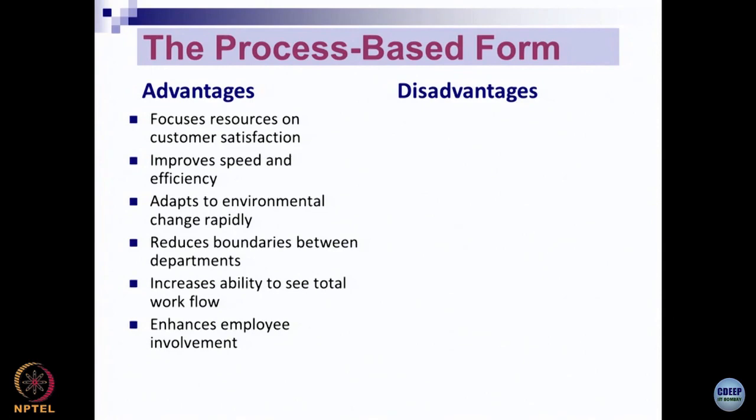When people are able to see the impact of their work outside, then naturally their involvement and their engagement in the organization and in work is likely to go up.